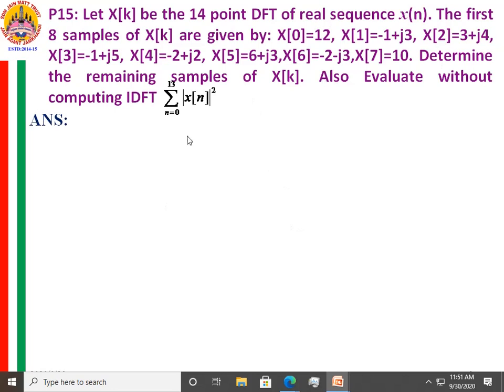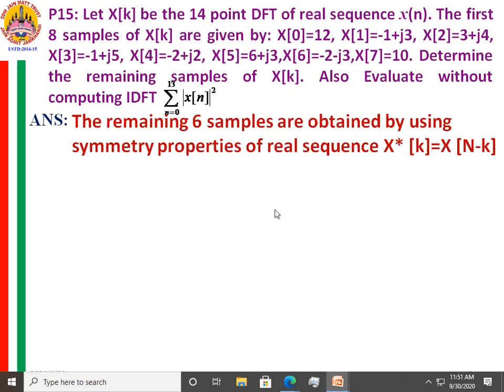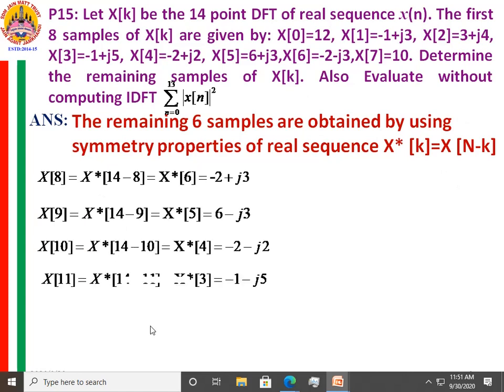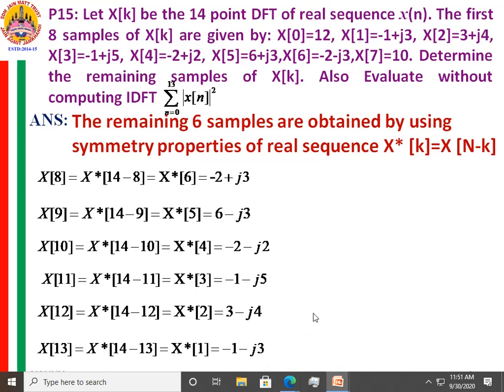For this we have already computed the 6 samples of the DFT coefficients by using the symmetry property. This is already solved in previous sessions, and we have obtained this.